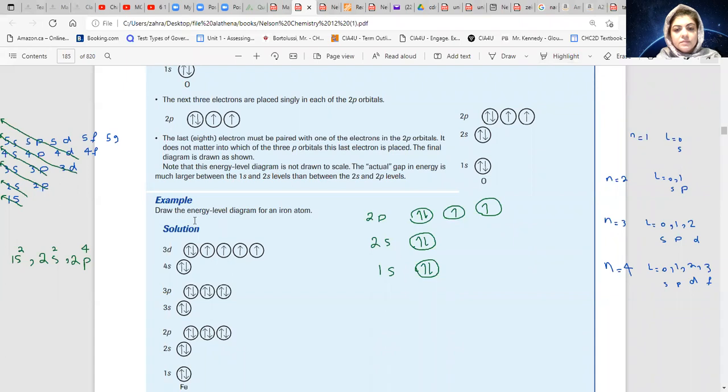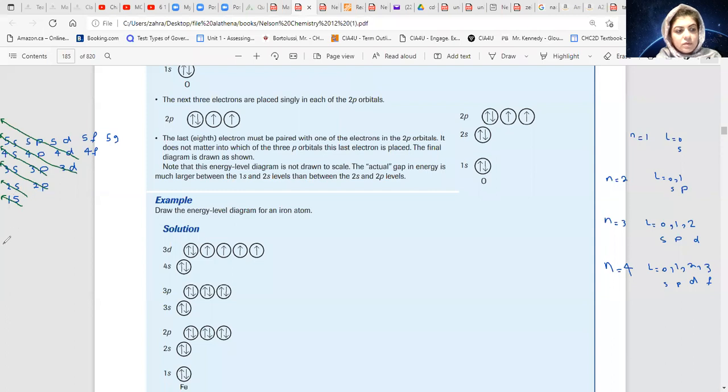So coming back here, I can erase this one. So it has 26 electrons. If I want to draw that, so first is 1s, then it goes to the 2s here, then 2p, 3s, 3s, then 3p, 4s.